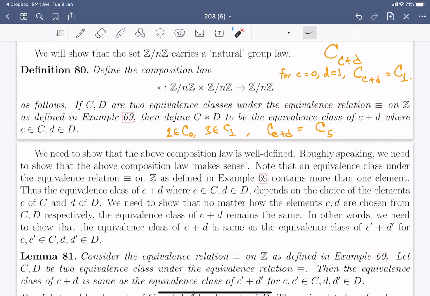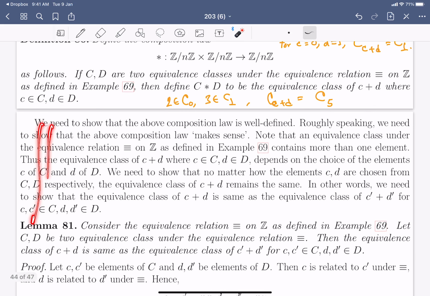Because inside this equivalence class c there could be more than one element, and inside d there are more than one element, so there is no canonical choice for c and d. So whatever c and d you may choose from c and d respectively, you need to show that the equivalence class of c plus d remains unchanged, no matter what c you choose from c, and no matter what d you choose from d.